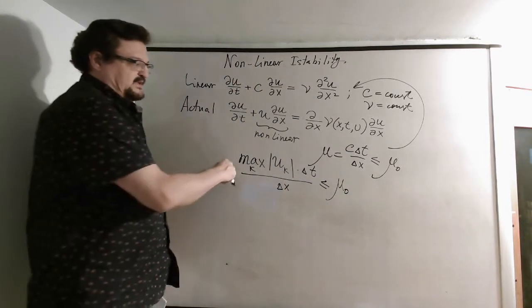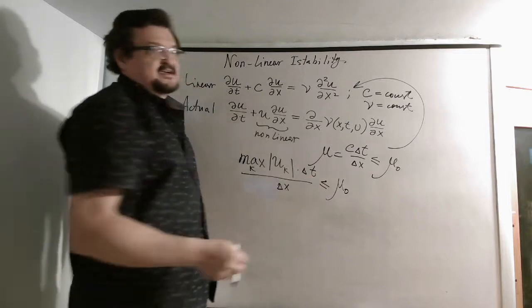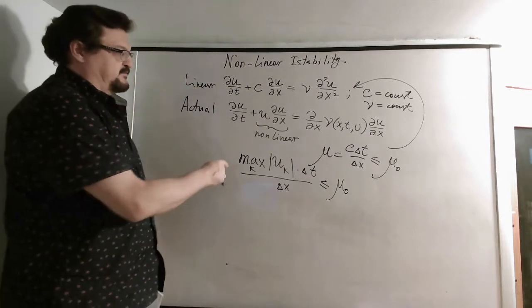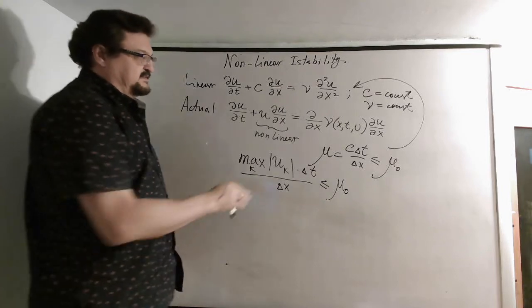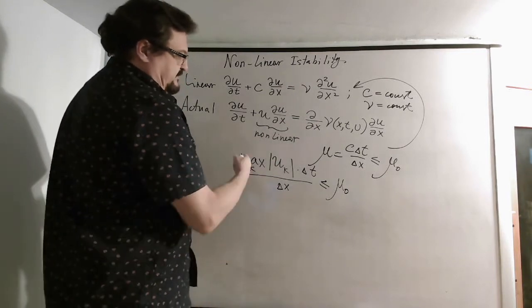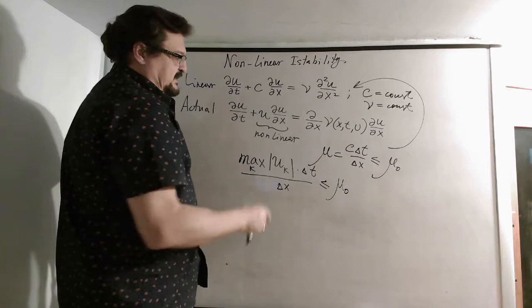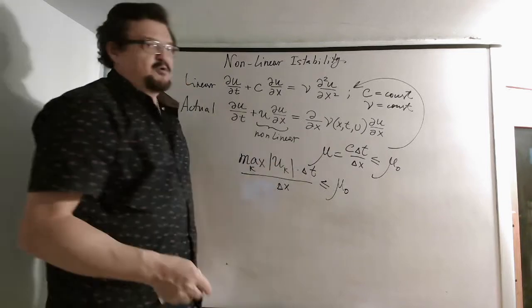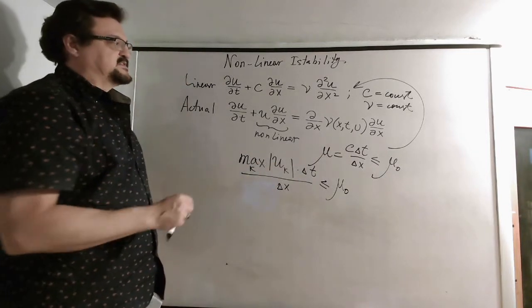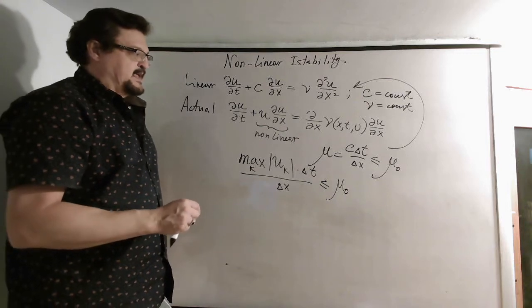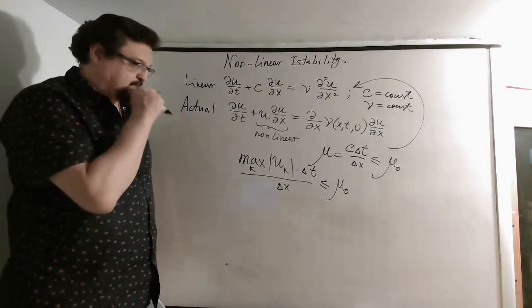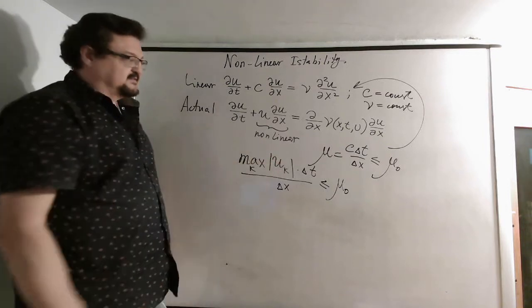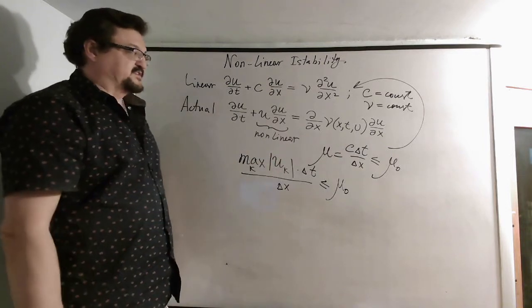So this is what we would apply in an actual situation for our actual finite difference scheme. And similar for diffusion. We find some maximum nu, and based on that we apply our criterion for stability of the diffusion equation that we derived using the linear diffusion equation. So that's nice and very straightforward.